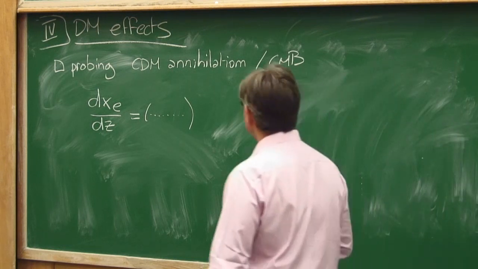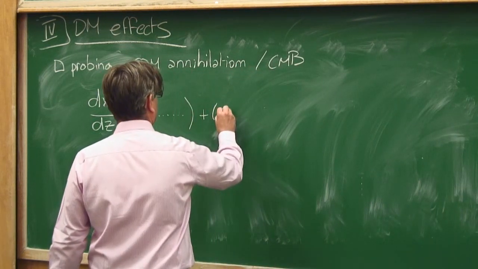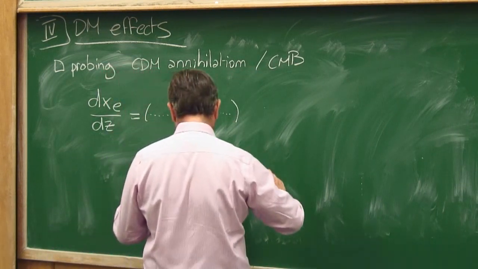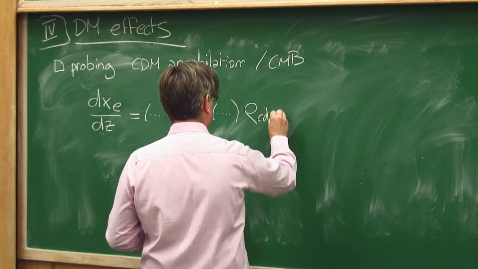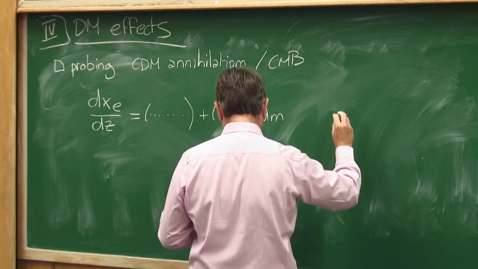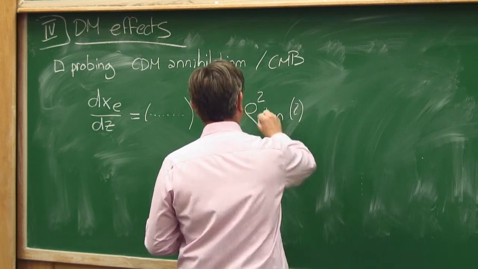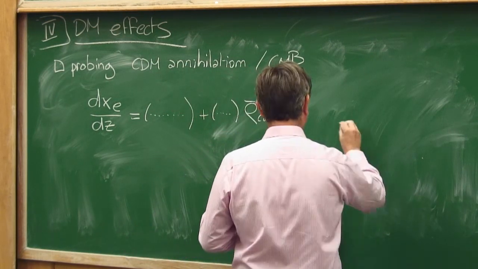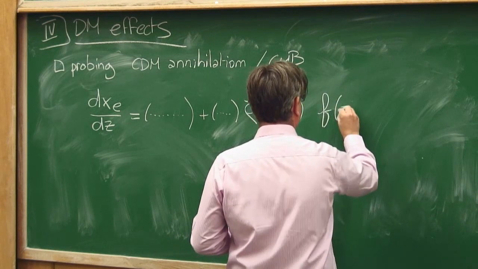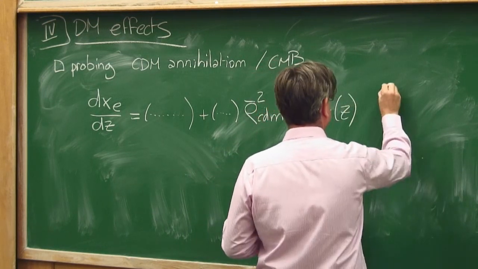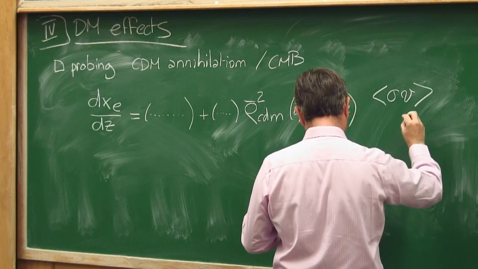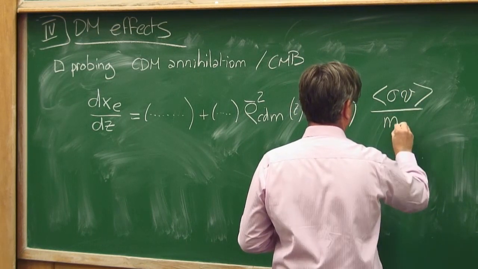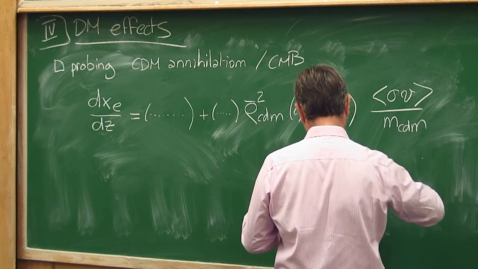So if you want to include this effect, you have to add an extra source term where the most interesting part for you reads like the square of rho cold dark matter, the homogeneous one, times a function f of z, I will say what it is, times the average sigma v, so the thermal cross-section, divided by the mass of the particle.